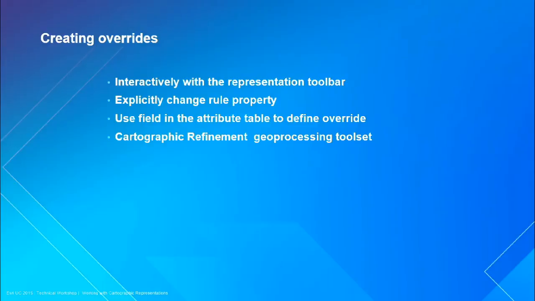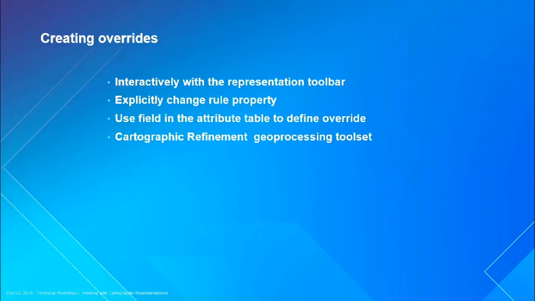We can use a field in the attribute table and connect that to a property. So instead of saying, I always want X step 6, or in this case, I want X step 4, you can connect it to a field that is full of 4s and 6s and 5s and 9s and drive it that way. That's attribute-driven symbology.